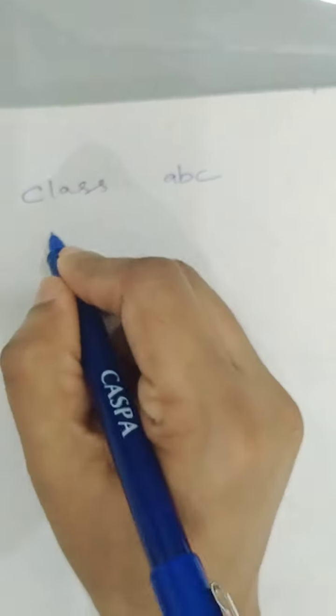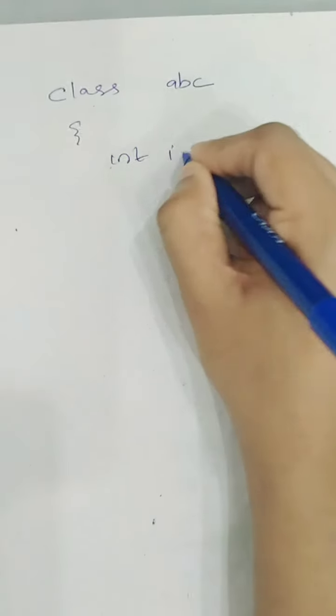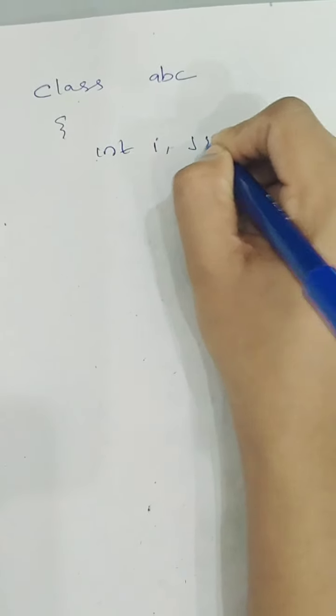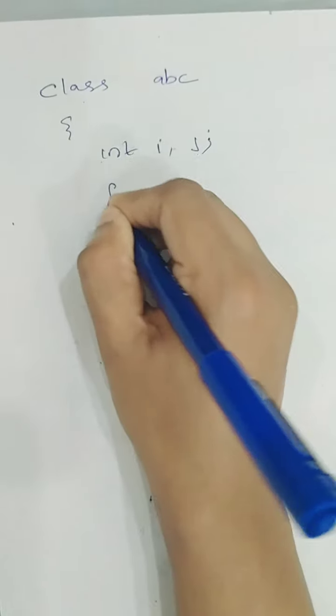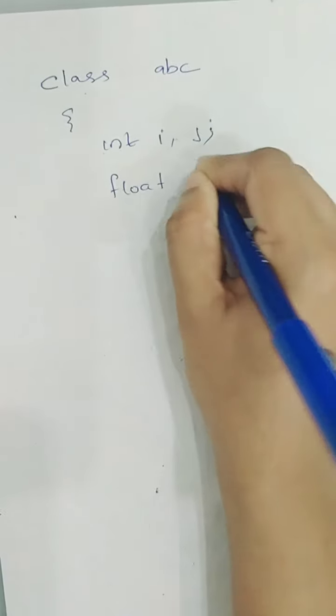Okay. So we can take this program. No, we'll take another program. I will show you. So class ABC. Suppose your class name is ABC and you have variables int i, j and another variable float d.